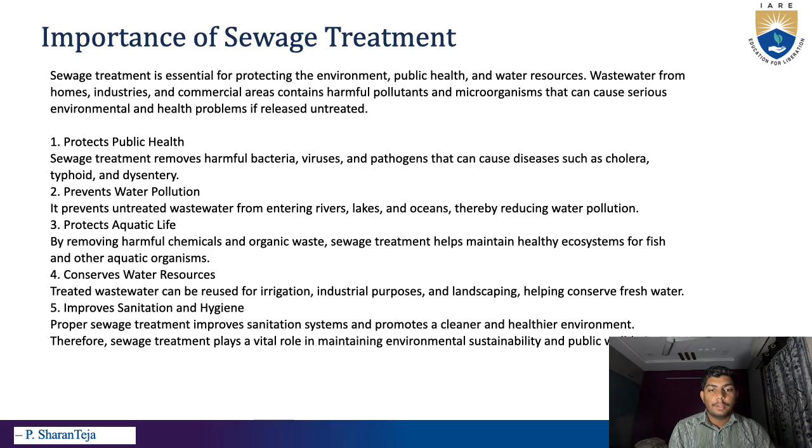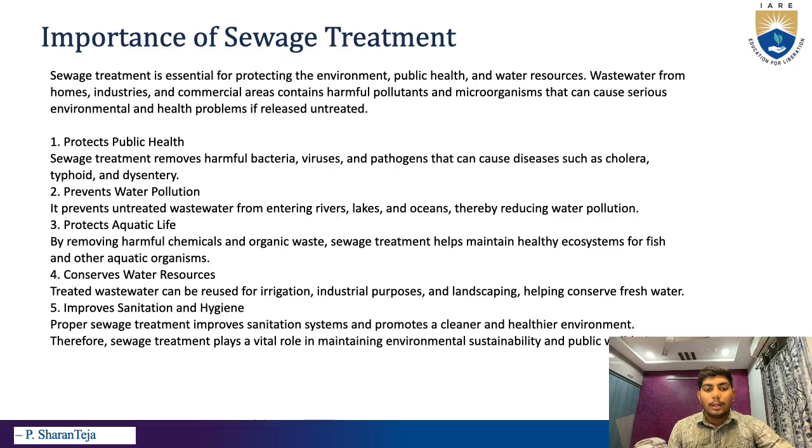Second one is prevent water pollution. Without treatment, wastewater contaminates rivers, lakes, and groundwater. And third one is protect aquatic life. Chemicals and waste reduce oxygen levels, harming fish and plants. Treatment helps to maintain balance.